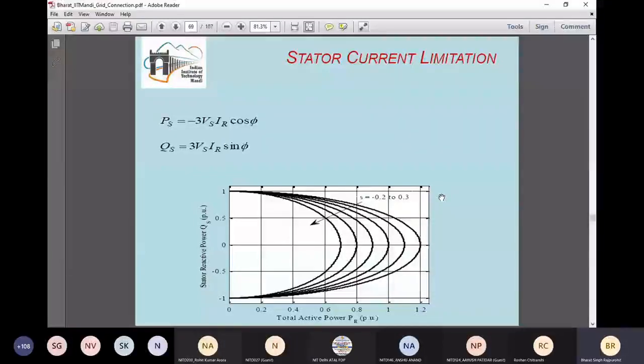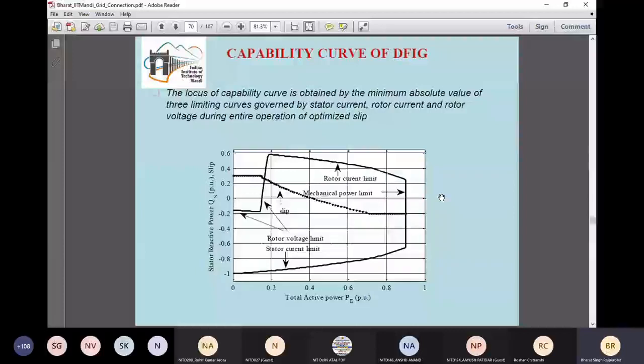When all these limitations are considered, a single capability curve of the DFIG is obtained, which is shown here for optimized slip values. Now this capability curve is very interesting. This is only for a DFIG without considering the power electronic converter.